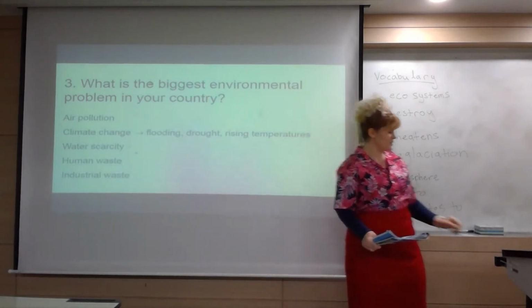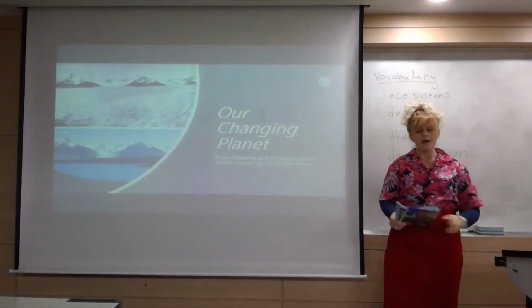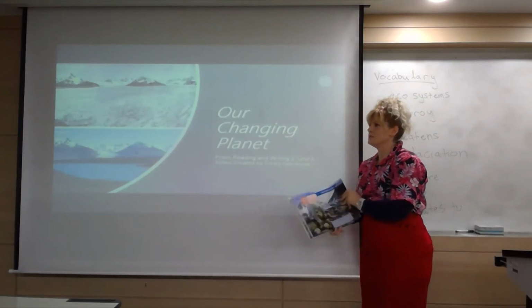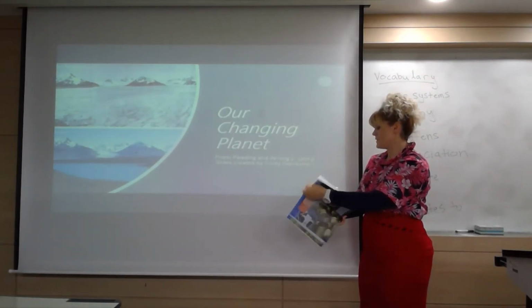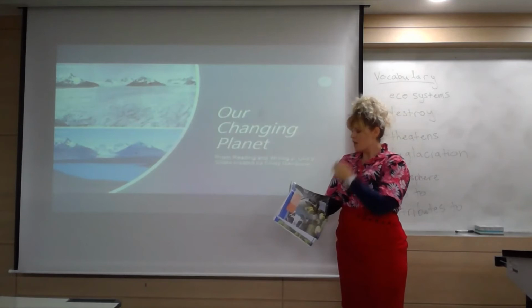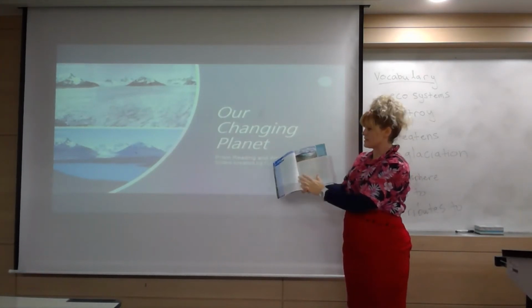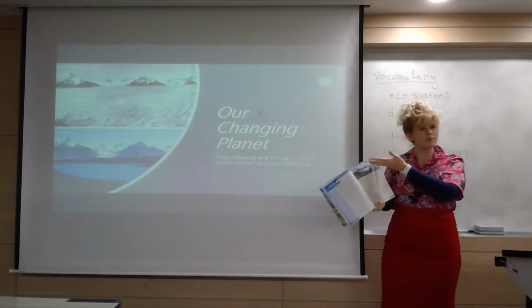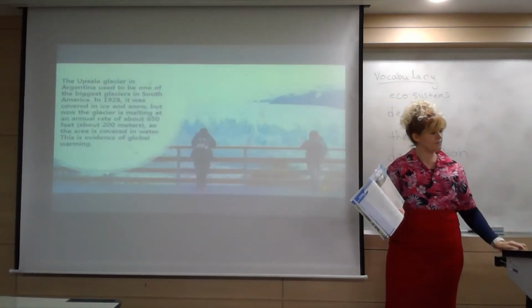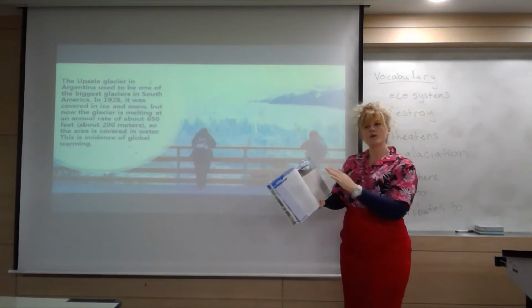Good job, guys. Those are good answers. Now, turn to the reading on the next page. The title is Our Changing Planet. I've made our reading into a presentation. Just listen and follow along.